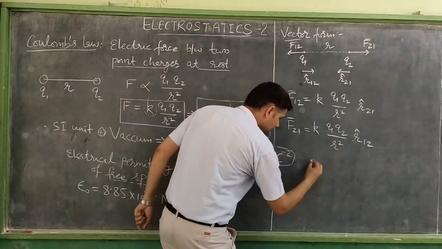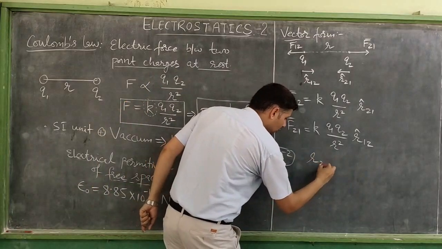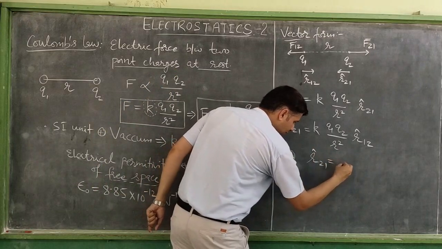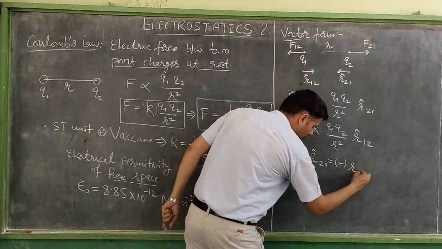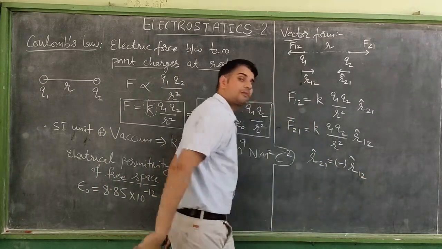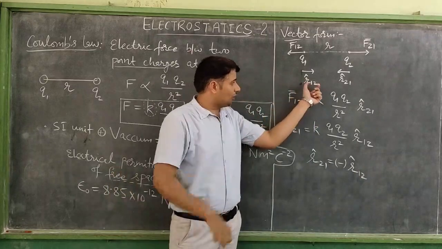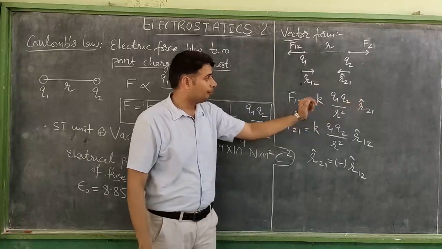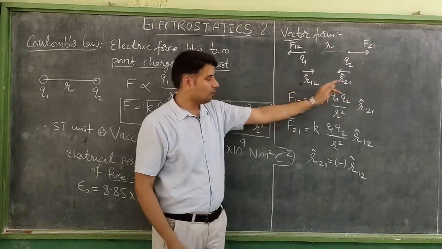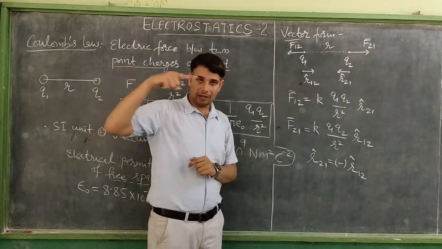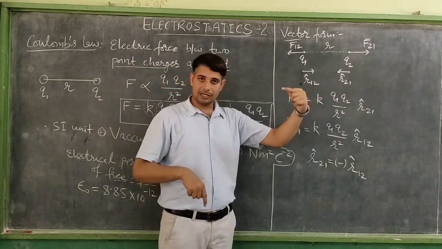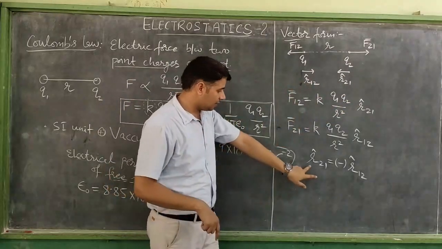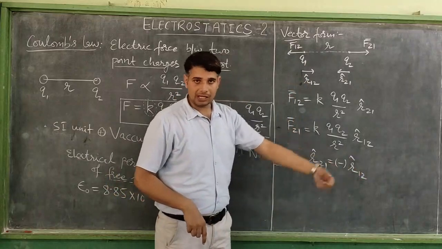So what we can say, R21 cap must be equal to negative of R12 cap. Since they are unit vectors only, their magnitude will surely be unity, that is 1 only. But direction we have to think about. This R12 cap is going right side, R21 cap is coming left side. That's why these are simply opposite to each other.